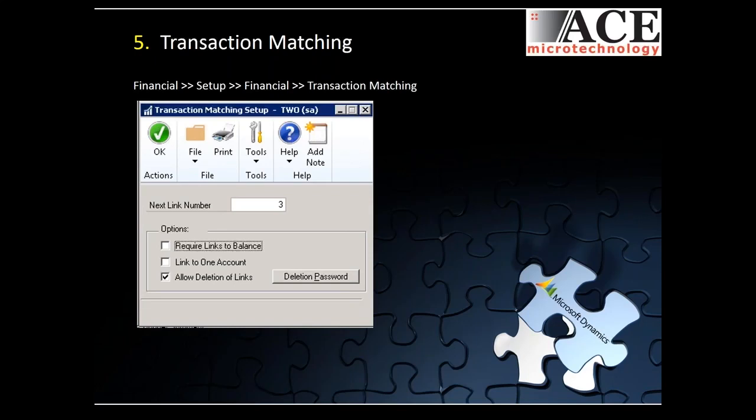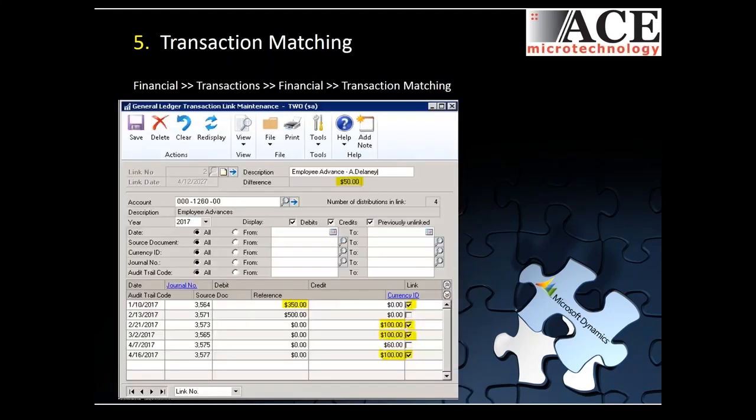With transaction matching, I actually have the ability to create a named link, transaction matching link, and mark those transactions associated, in this case, to that employee, so that I know, based on what's been marked, exactly what she has remaining.